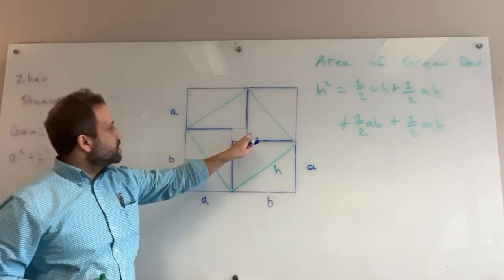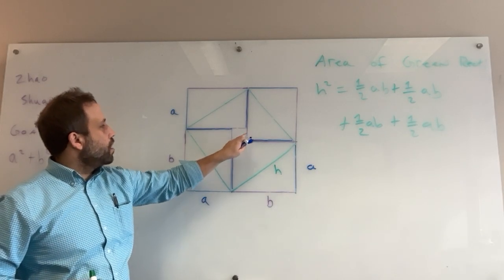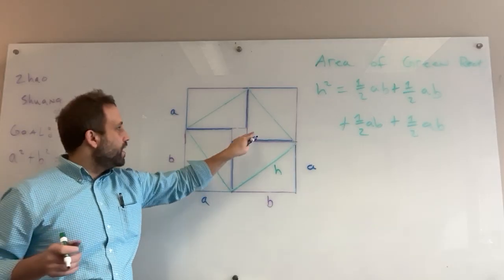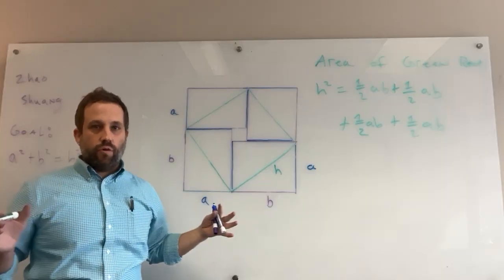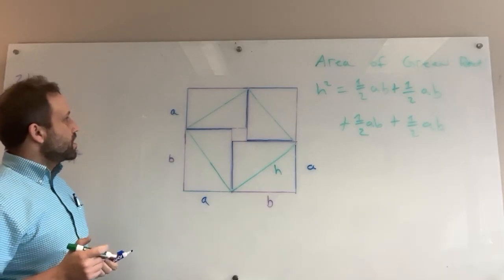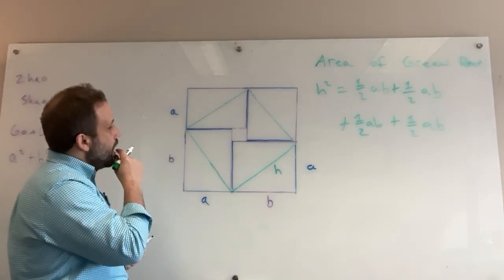But let's see what the side length of each of these sides is. It's not even clear to me at this point that this side length is the same as that side length, or anything like that. So let's think about what the side length has to be.